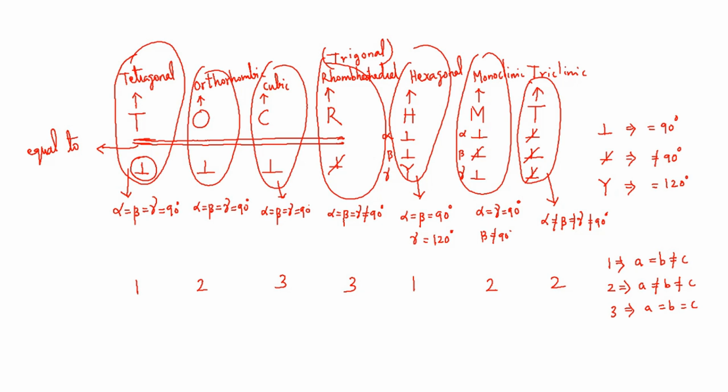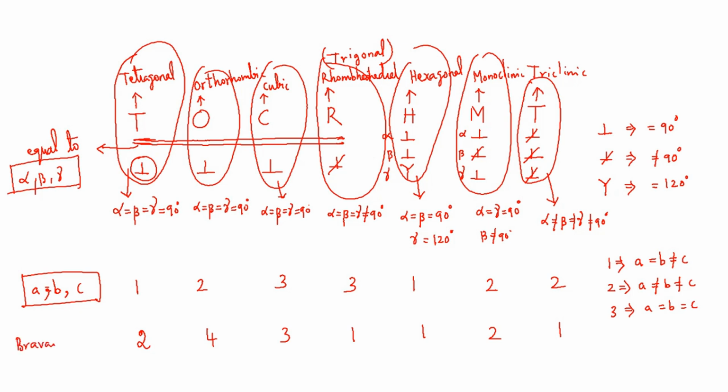Okay, similarly you also have to remember a different set of numbers like 2, 4, 3, 1, 1, 2, 1. This is for A, B, C. This is for alpha, beta, gamma, and this is for Bravais lattices.